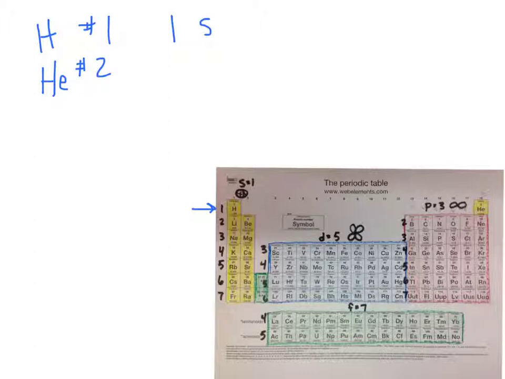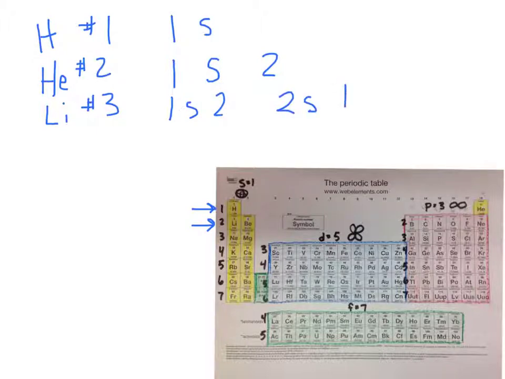We're still on that first shell, still in the S, but now we have 2 in that S. Can you see that? If we go down to lithium, which is number 3, we now go to the next row. So we still have 2 in the 1s, but now we go down to the second row and we're in the S and we have 1. Can you see that? And then let's skip a couple. Let's go down to neon.